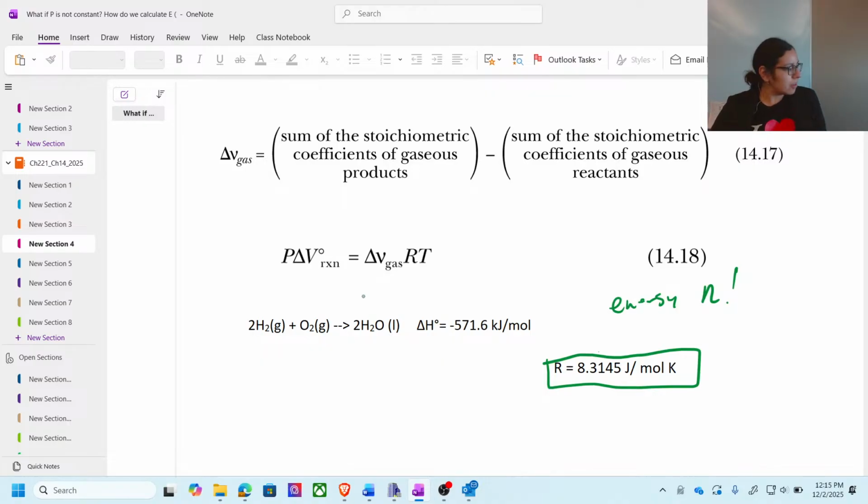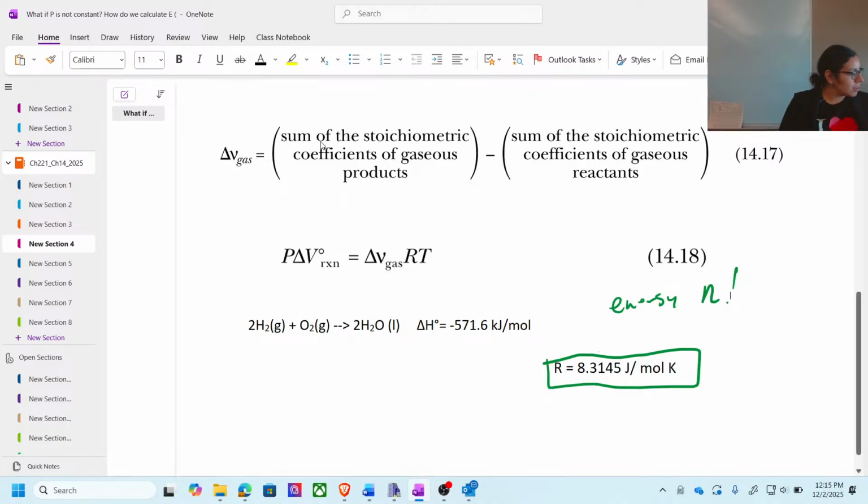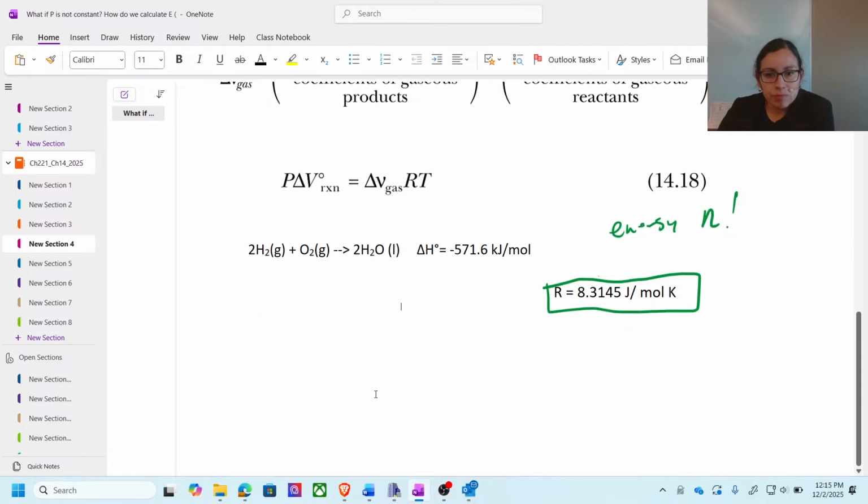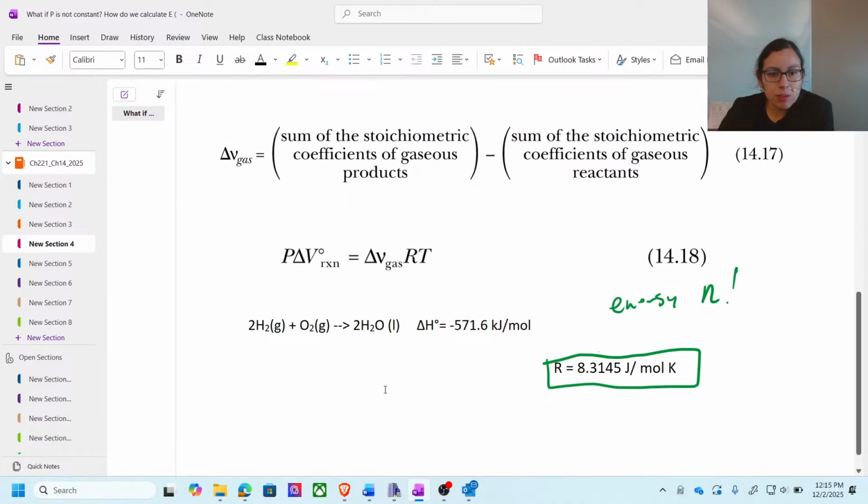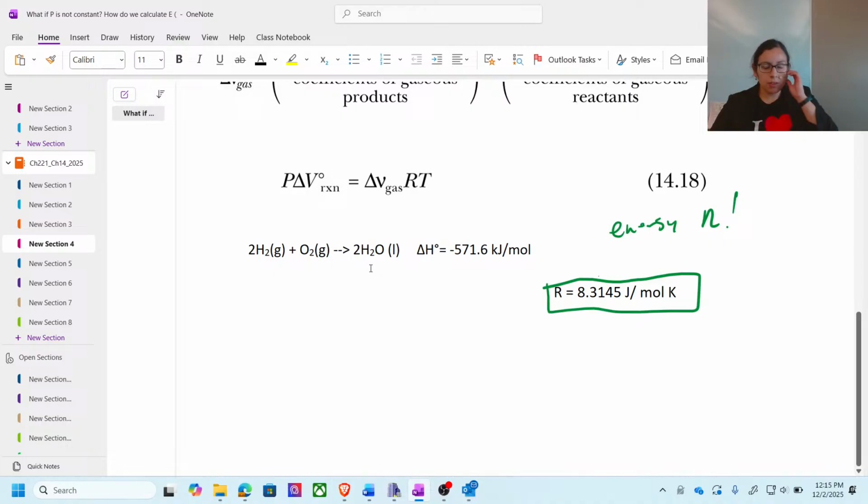All right, so now let's look at this problem. And we want to see what our error is. So let's go through this. We're looking at our combustion reaction.